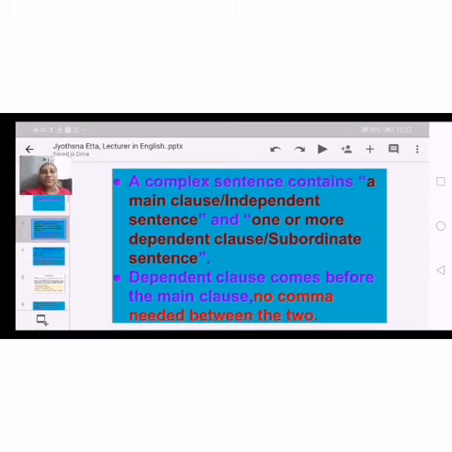A complex sentence consists of one main clause or independent clause along with a subordinate clause or dependent clause.